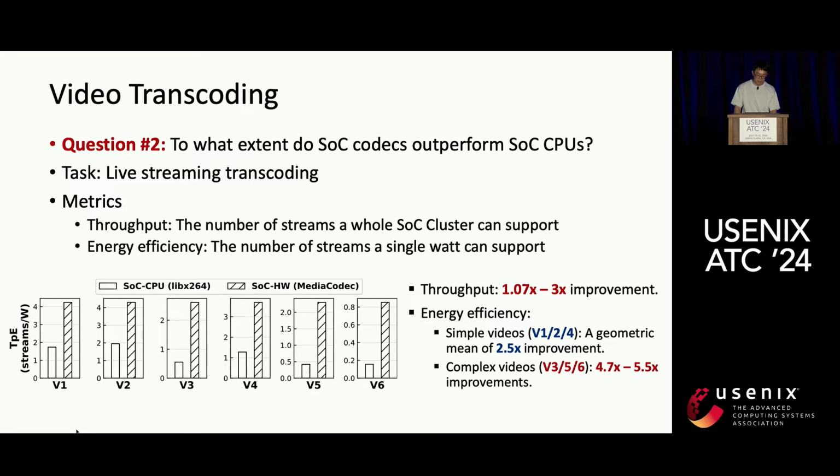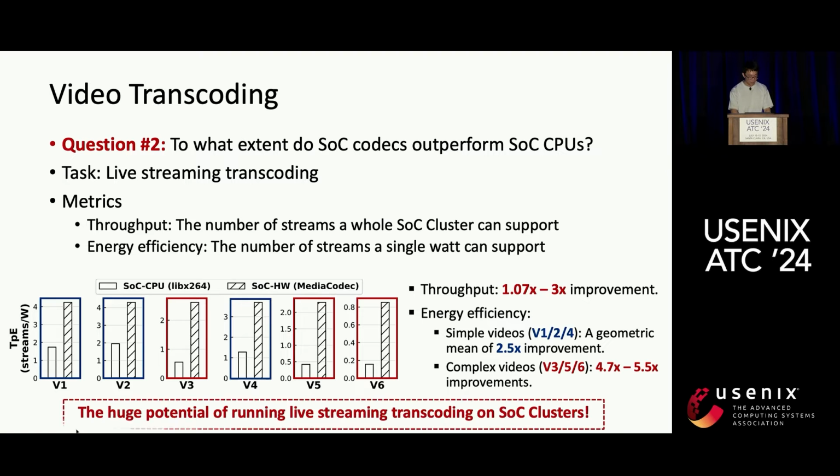For energy efficiency, especially on the simple videos like V1, V2, and V4, the SoC hardware codecs show a geometric mean of 2.5 times improvement, while for the complex ones, they can deliver higher gains, ranging from 4.7 times to 5.5 times. This indicates the huge potential of running live streaming transcoding tasks on SoC clusters.